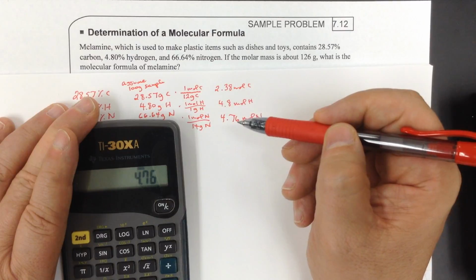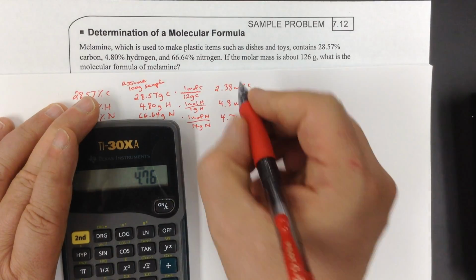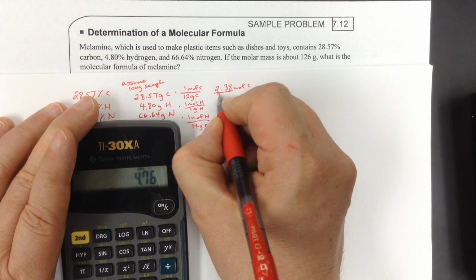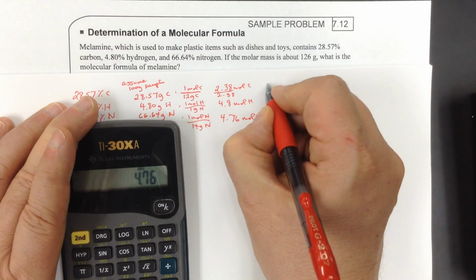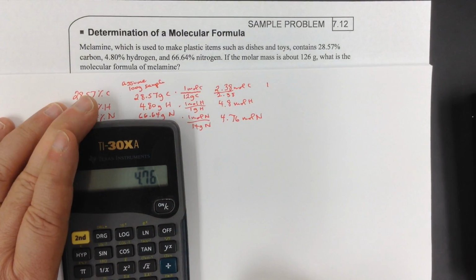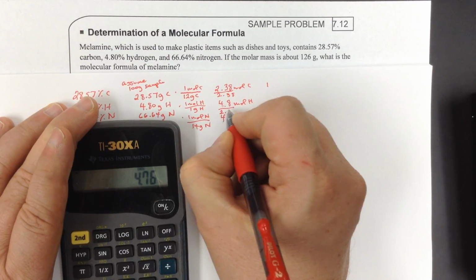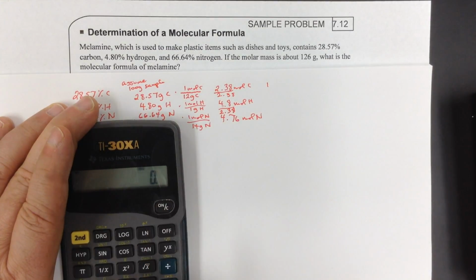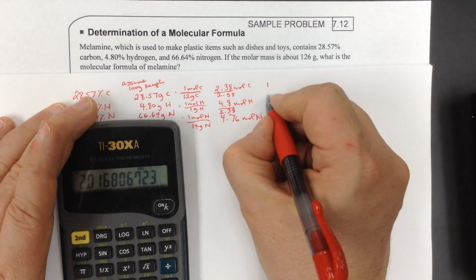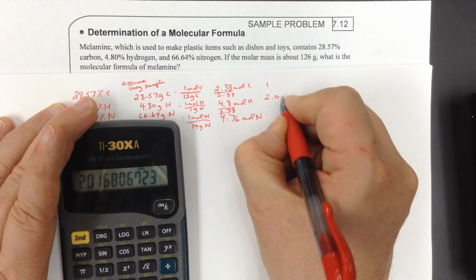The smallest number of moles here is carbon. If I divide carbon by 2.38, I get a beautiful number, 1. If I divide 4.8 moles by 2.38 moles, I get 2.01.